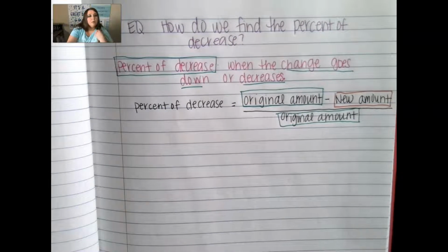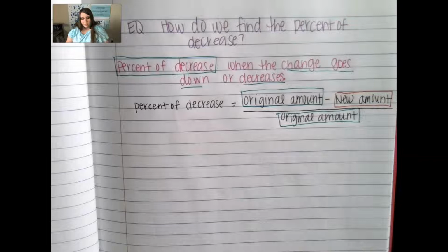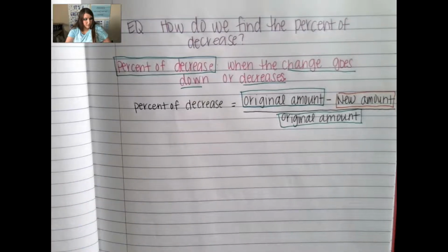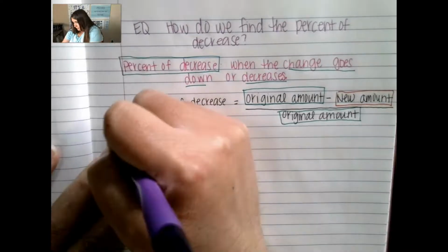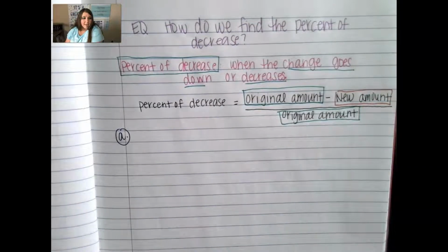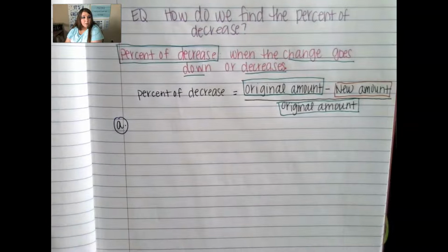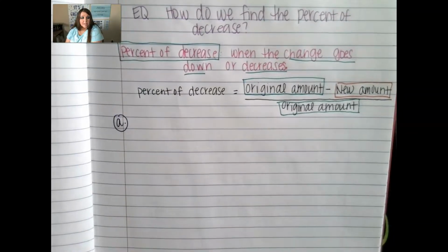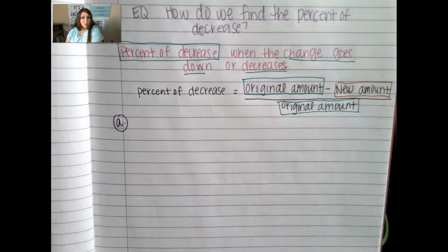All right, so let's put this into action so you can see and hear and understand what I am talking about. Our first example today talks about a softball player. This baseball player has a total of home runs.